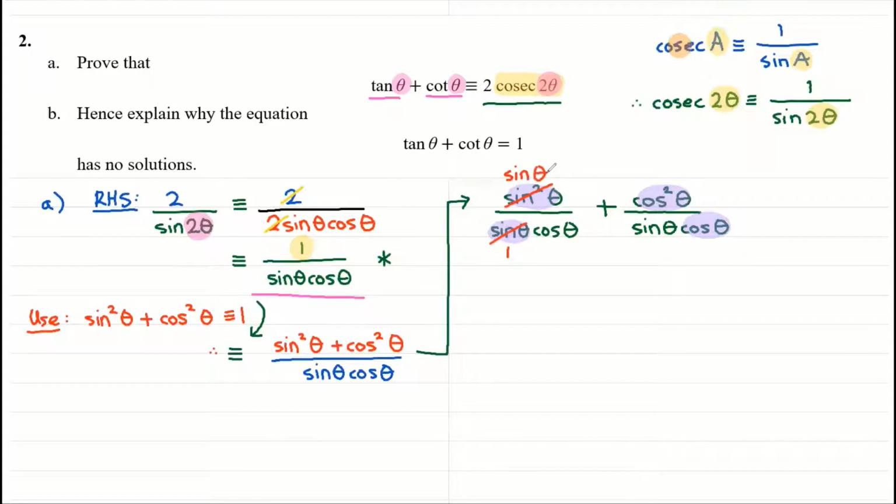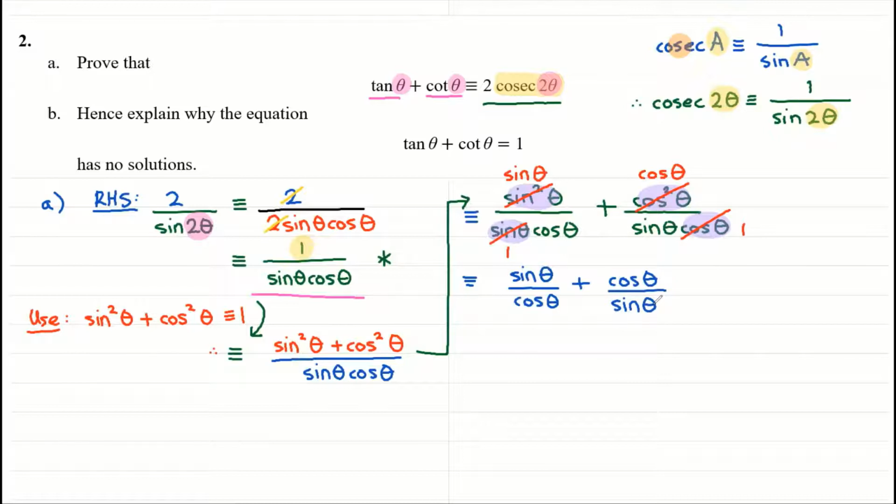And over here, we're going to have cos theta, and that's going to be 1. What happens now? I'll just put the identity in there. So we've now got sine theta over cos theta. Okay, and then we're going to add cos theta over sine theta.